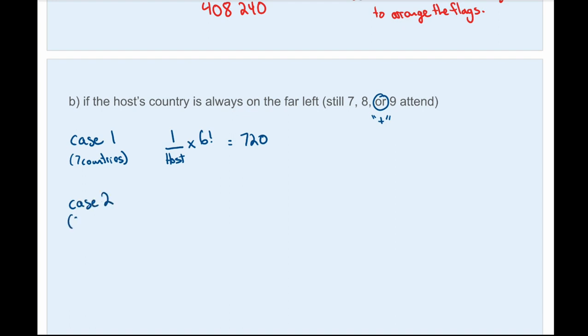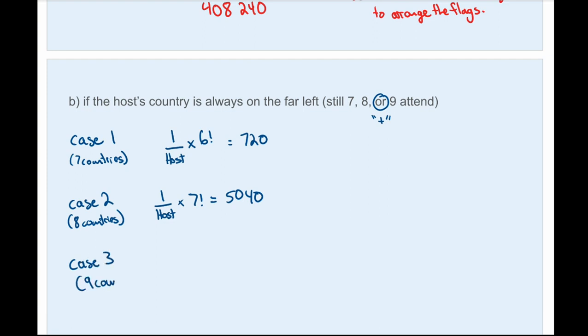Case 2, or 8 countries. Again, same idea. The host is always on the far left. One country is then removed, so that means there are 7 remaining for 7 other positions, or 7 factorial, which is 5,040. Case 3, you can kind of see the pattern happening here.